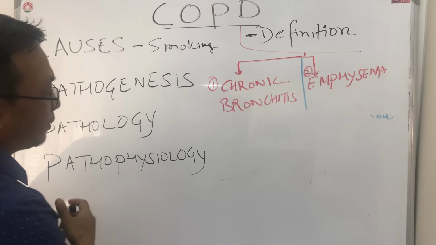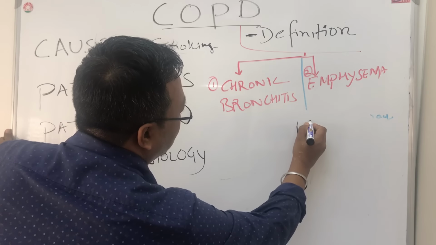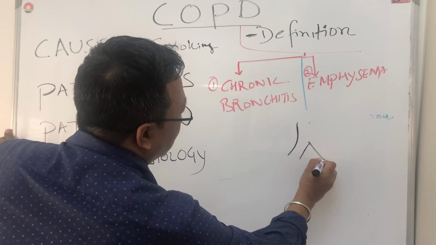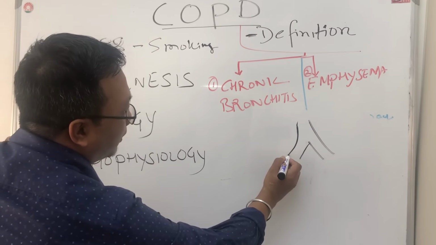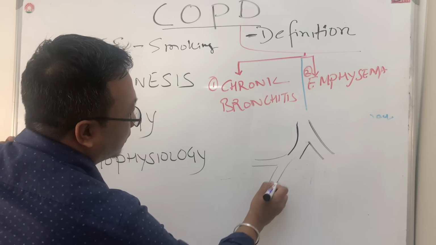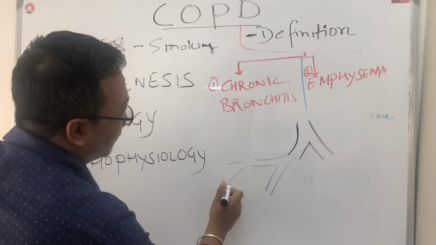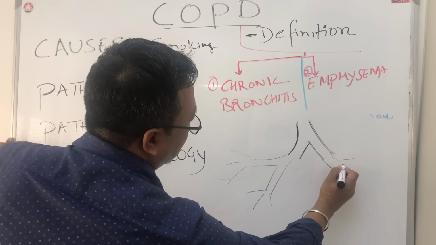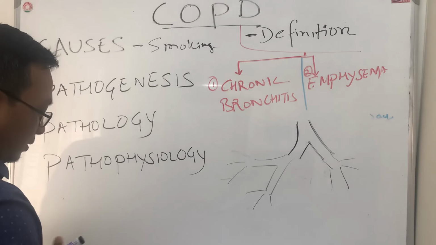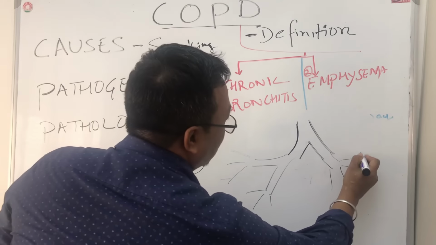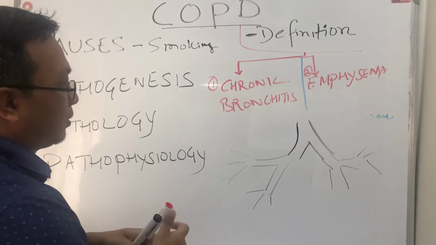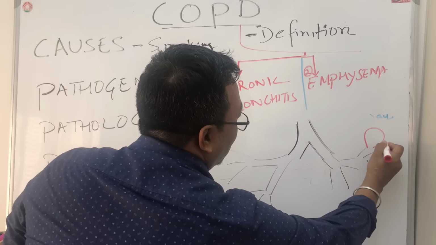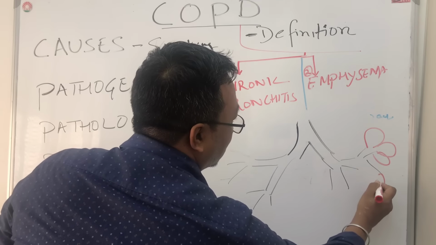Now, let's say this is the trachea dividing into bronchi, which are subdividing, and here are the alveoli in the terminal duct.